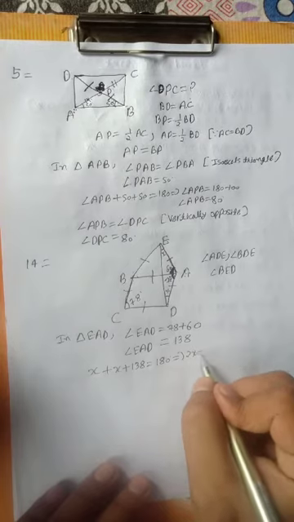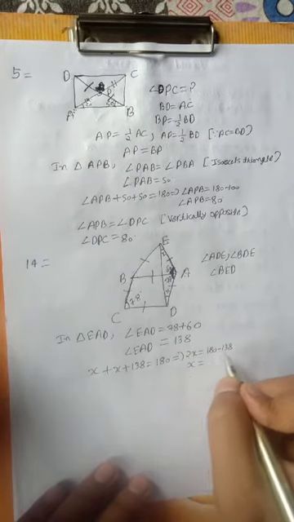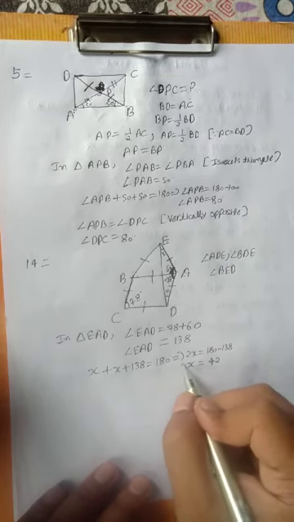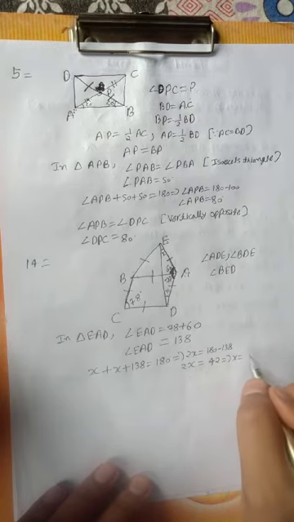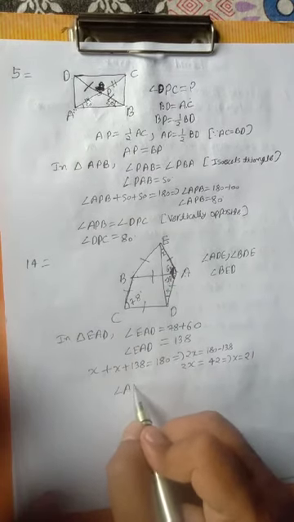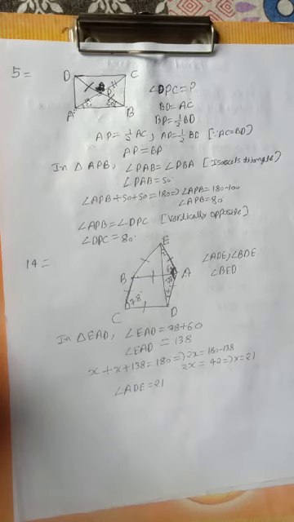So 2x equals 180 minus 138, which is 42. 2x equals 42, so x equals 42 upon 2, 21. So angle ADE equals 21.